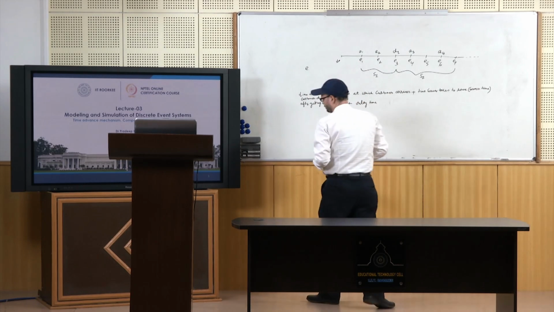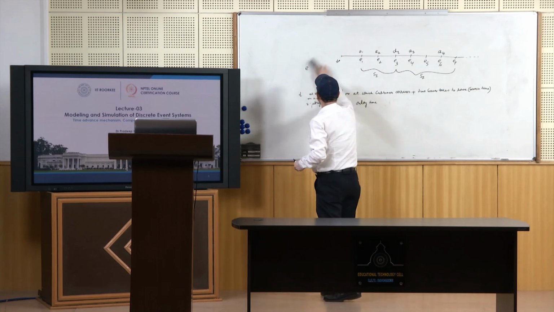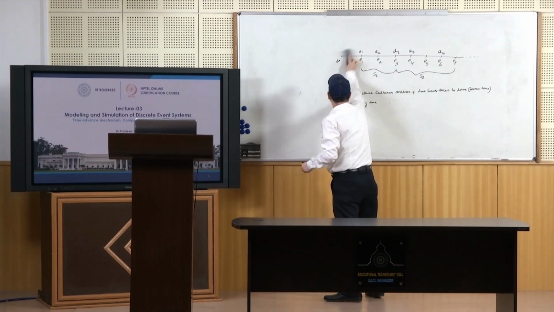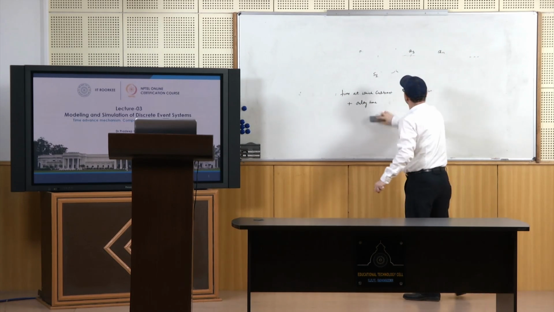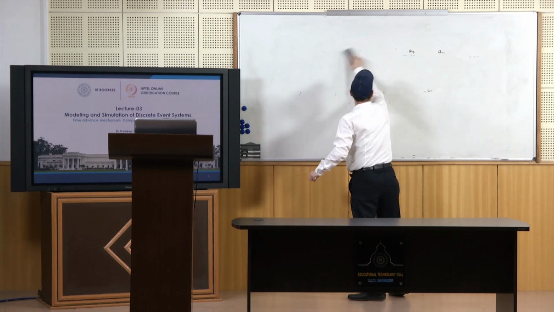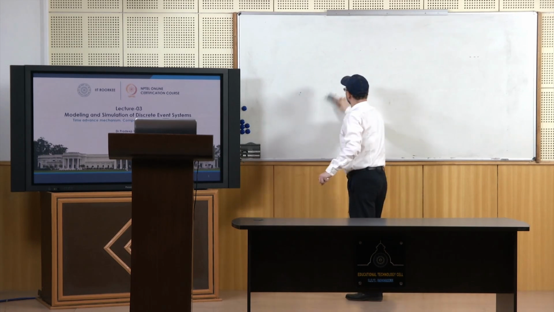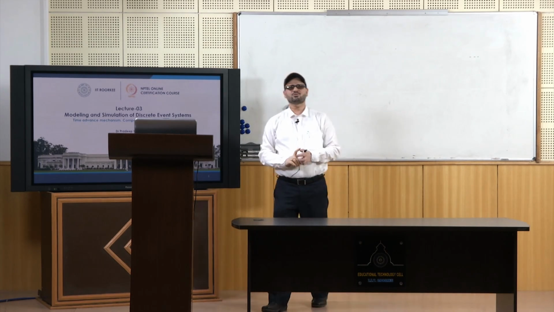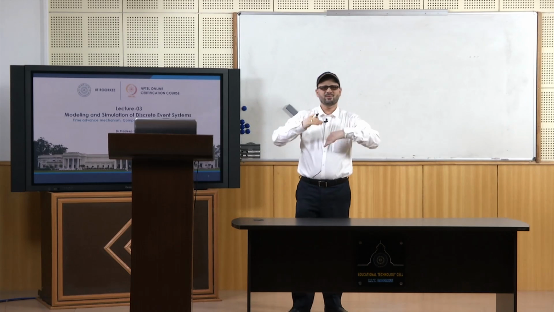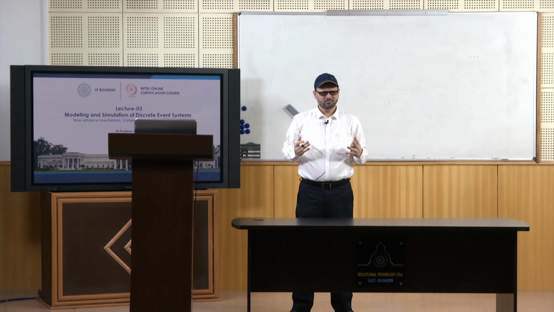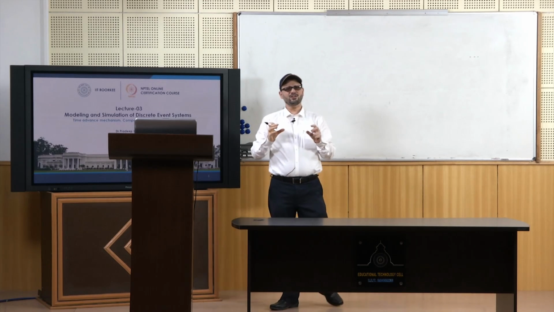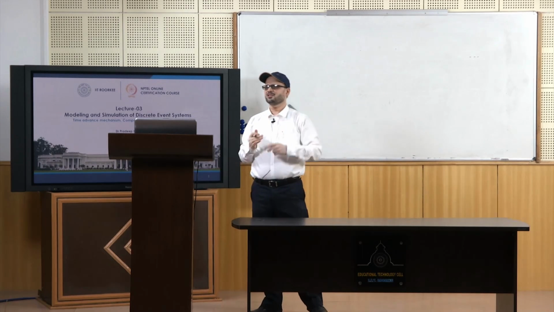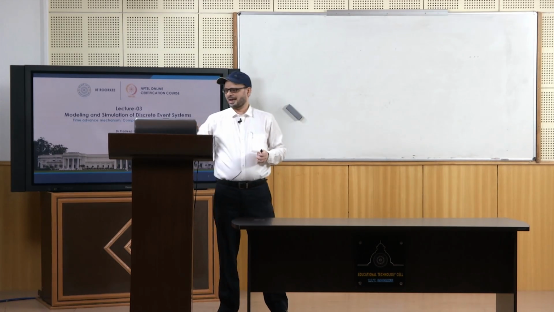Now, once we move to another kind of advance mechanism, in this case what we see is that whenever there is any event occurring, the system state will be updated, and you will find all the measures of performance whatever is required to be calculated.